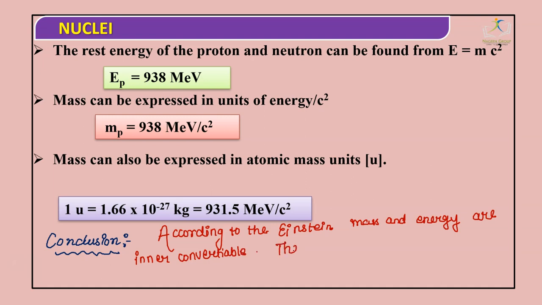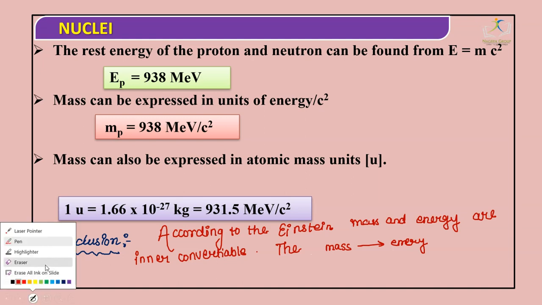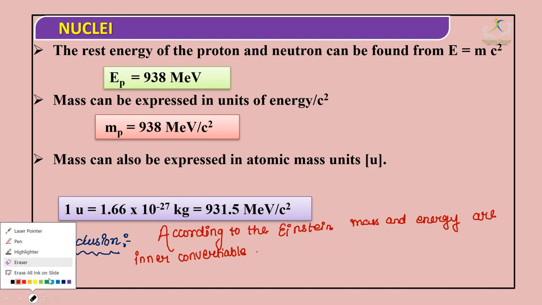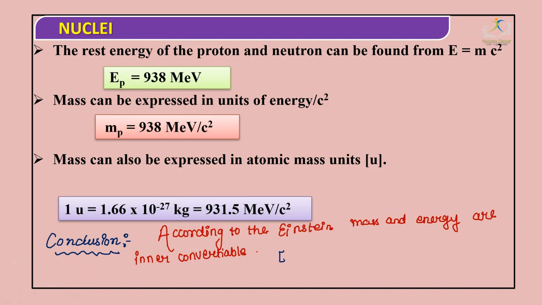That means mass can convert in the form of energy, or we can say, if I give energy to the system, that will be stored in the form of mass, and that we can calculate as E is equal to mc square.